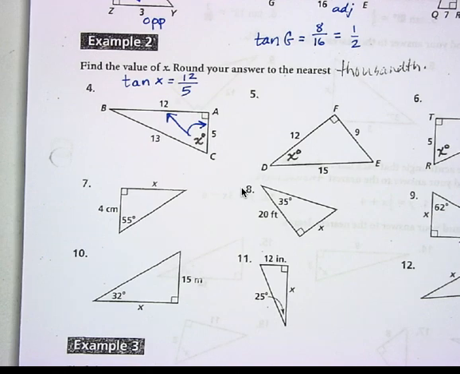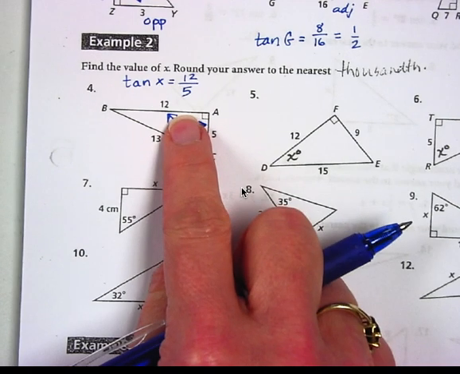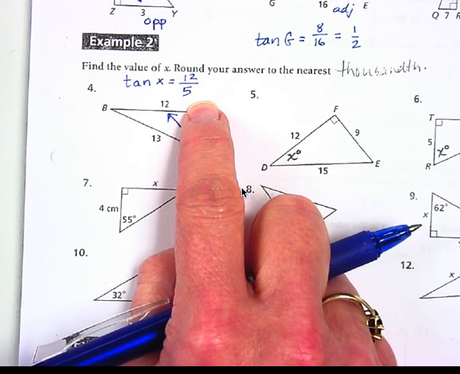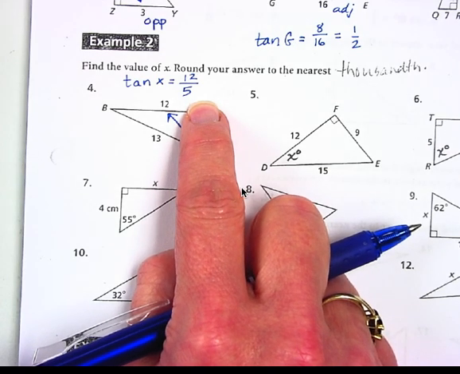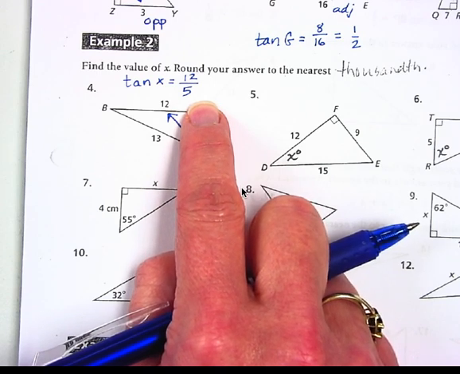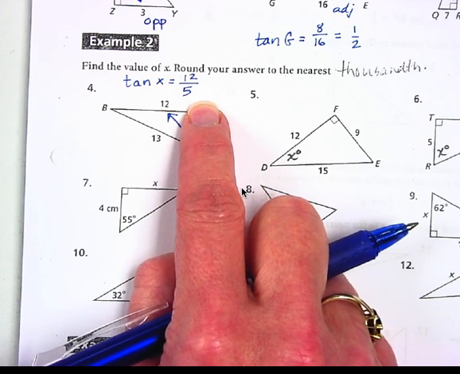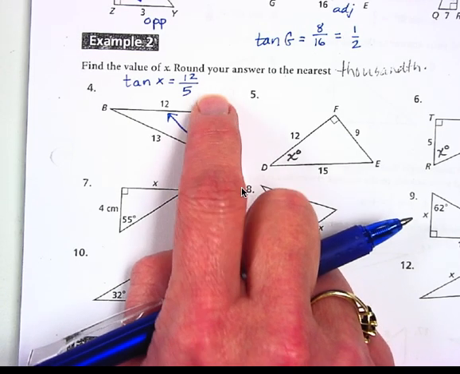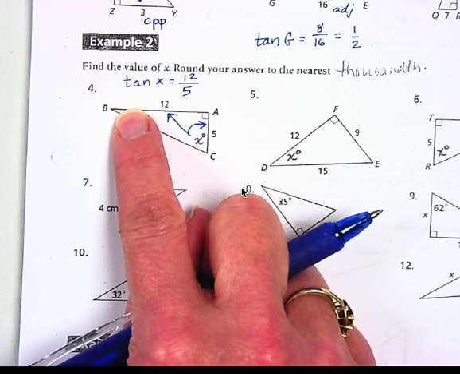And so basically I could do 12 divided by 5 and get a decimal, and then I could look on the table and compare that value and look up the angle measure. Except this one's not a whole number for the angle measure, and I want to tell my calculator to look it up on its table. And to do that, you're actually going to say inverse tangent, because you know the side lengths and you want to look for the angle.